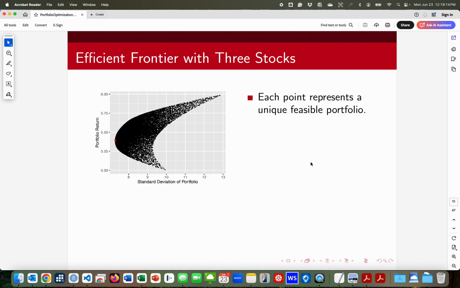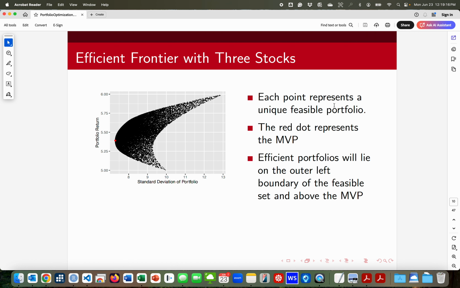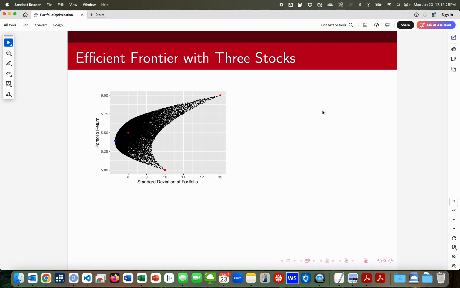And this is your minimum variance portfolio. So it's the same setup that we had before. Choose the weights to give us the highest possible return for a given level of risk. And here we can see the three individual stocks. The red dots represent individual stocks.